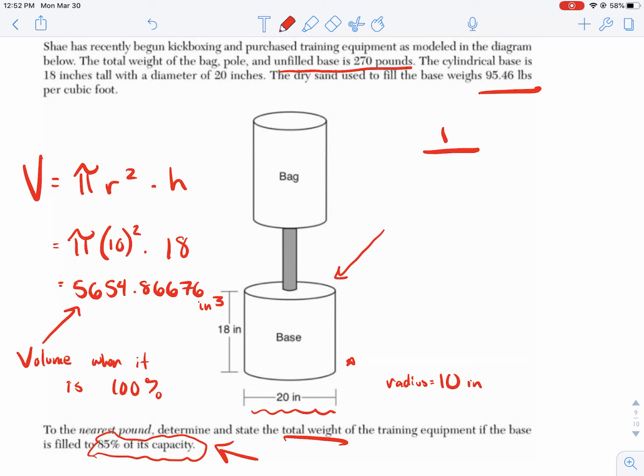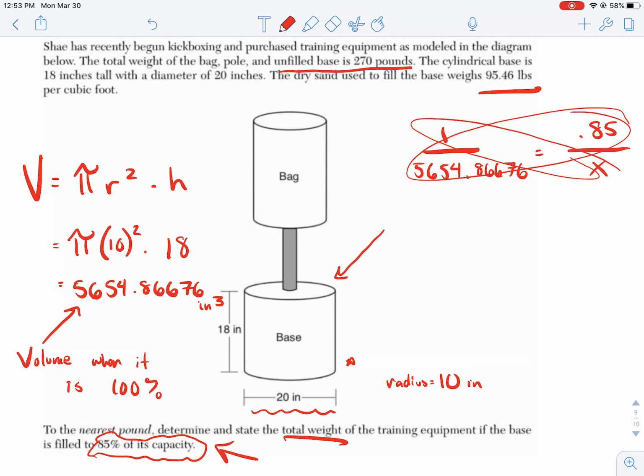My proportion looks like this. When it's 100% full, or a 1. What I just did was take 100% and turn it into a decimal, which is just 1, okay? So 100% of its volume is 5654.86676. And I want to find out what its volume is when it's 85% full.